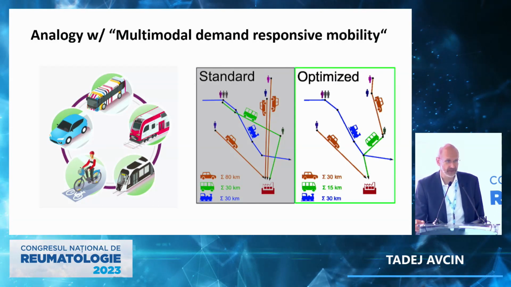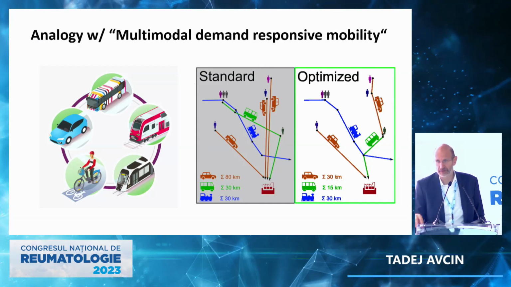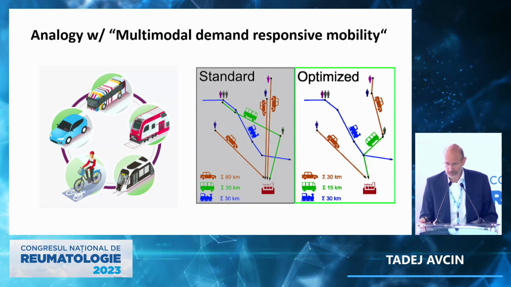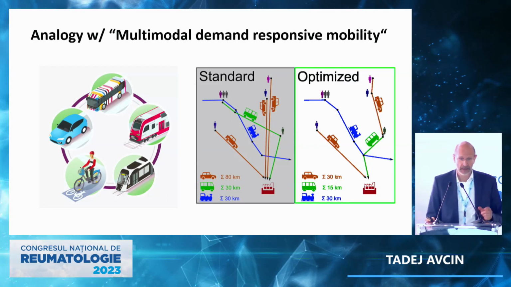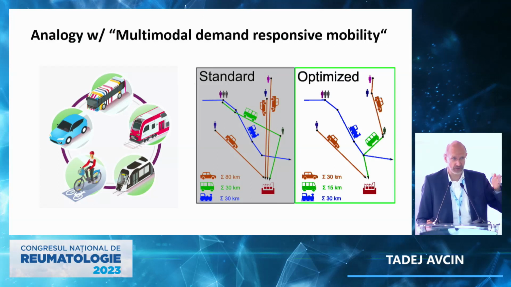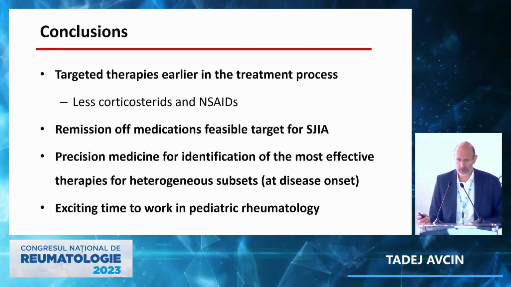And the same as in this traffic, we need to select for the different needs. We also need to select the biomarkers and the right drug for different patients. And for different parts of the patient course, we might use different medications, at the beginning or later.